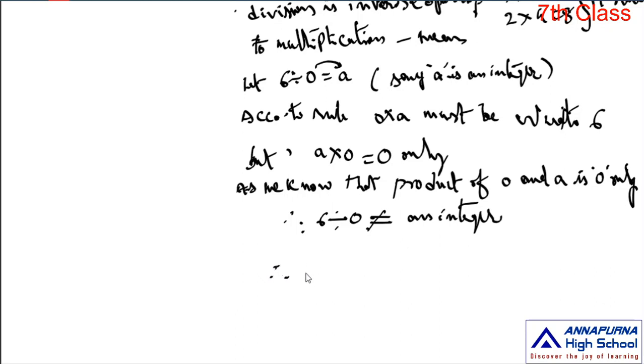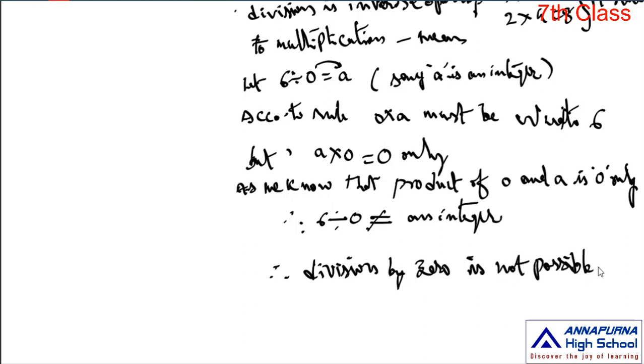Therefore, finally, division by 0 is not possible. Not possible, or we can write not defined. In this way we can prove that division by 0 is not possible.